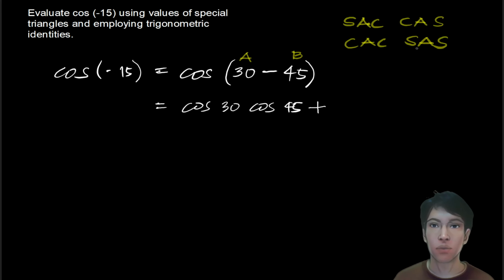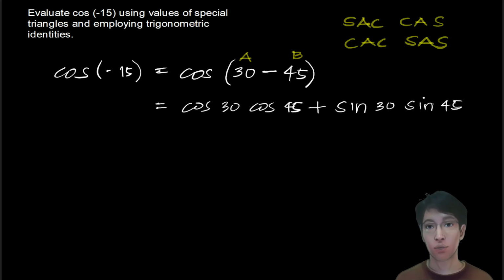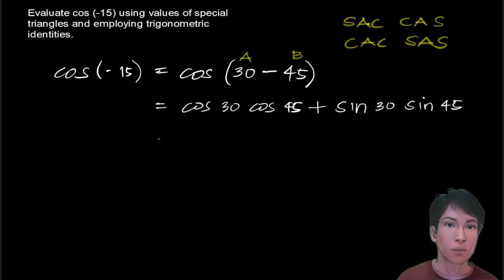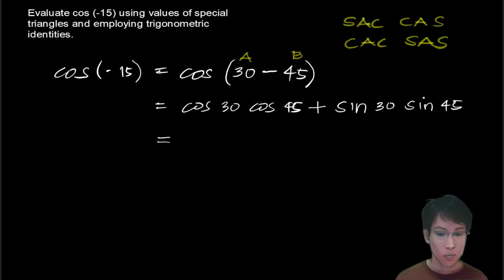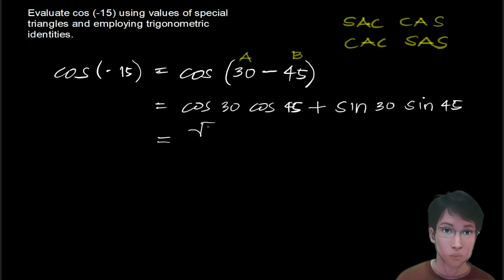So let me continue now. So I'm on this side now. So SAS, that will be sine 30 and then sine 45. So what is cosine 30? Cosine 30 is square root of 3 over 2.